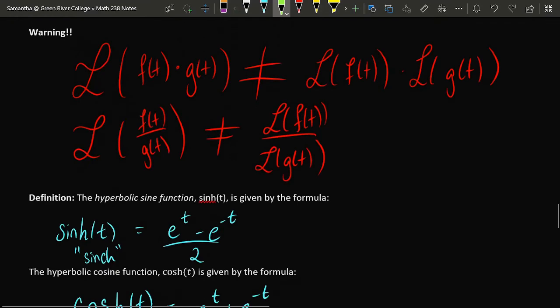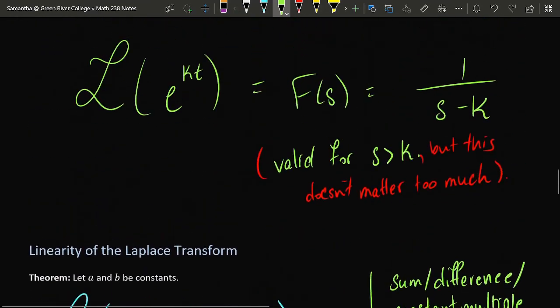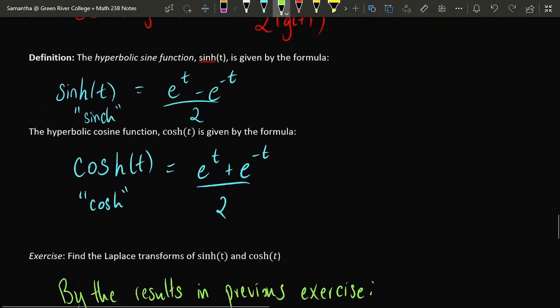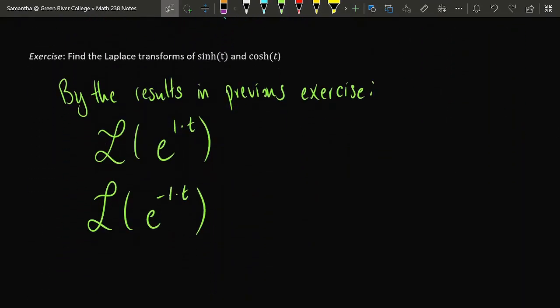Our formula said that the Laplace transform of e to the k times t was 1 over s minus k. So the Laplace transform of e to the positive 1 times t must be equal to 1 over s minus 1. And for negative 1 times t, 1 over s minus negative 1.